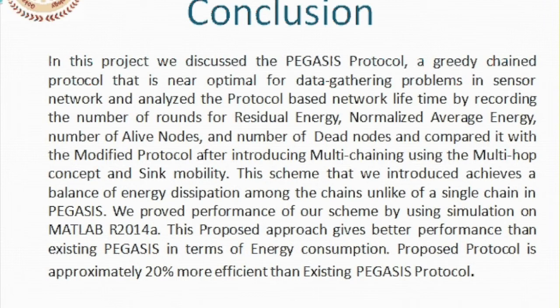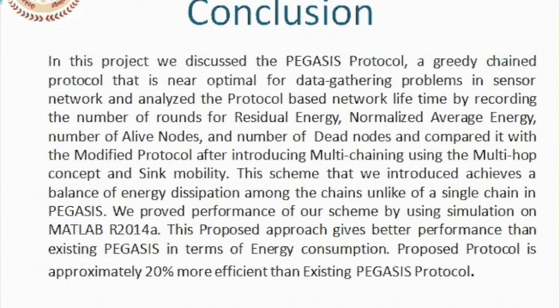So finally, we would like to conclude our project and say that in our project we discussed the Pegasus protocol, which is a greedy chain protocol that is near optimal for data gathering problems in sensor networks, and analyzed the protocol based on network lifetime by recording the number of rounds for residual energy, normalized average energy, the number of alive nodes and the number of dead nodes.